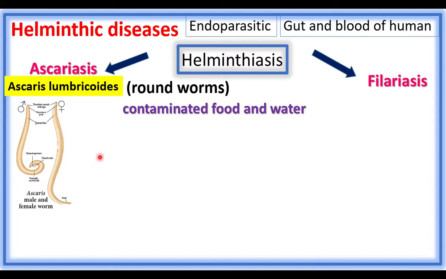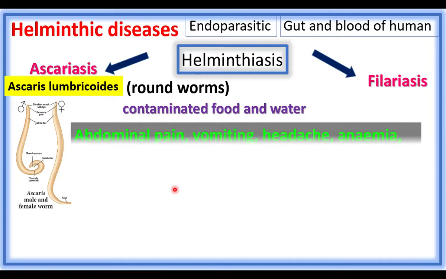When the fertilized eggs contaminate food and water, the food and water will spread the disease. So intake of the contaminated food and water spreads the disease. Soil may be contaminated. When children are playing with the contaminated soil, they have more chance to get the disease.